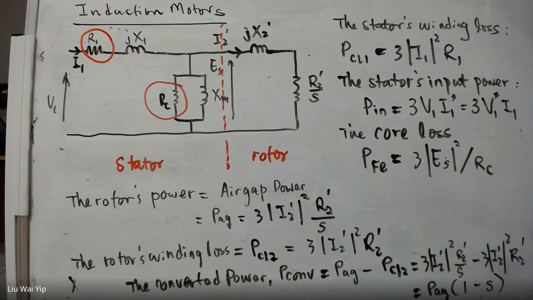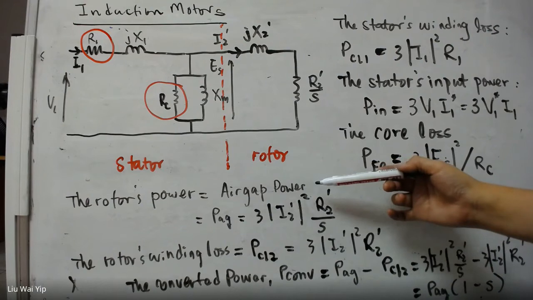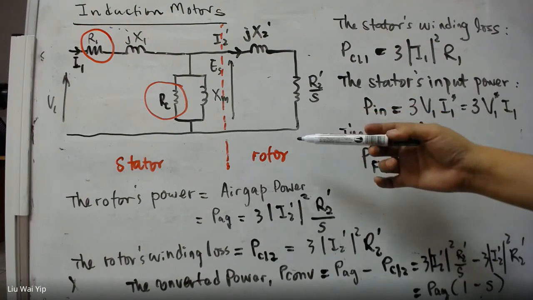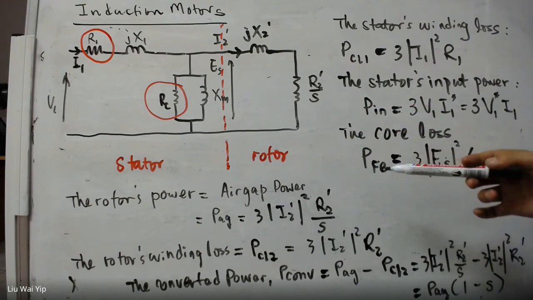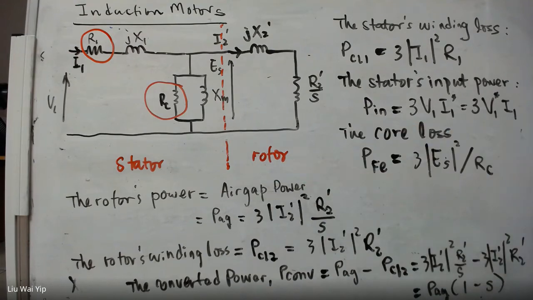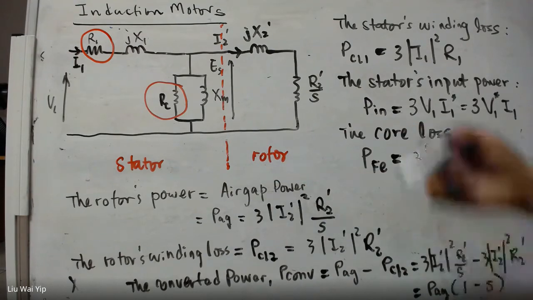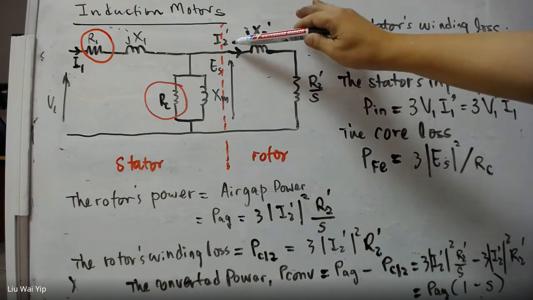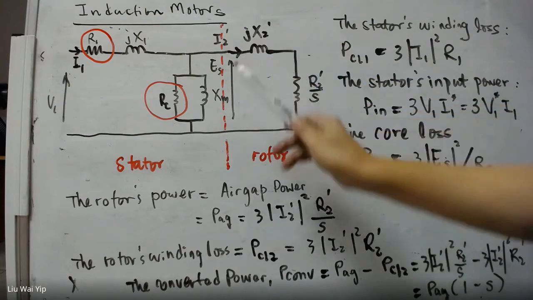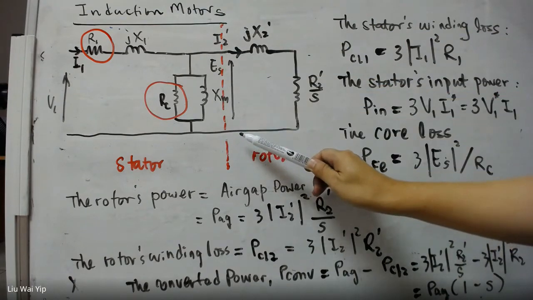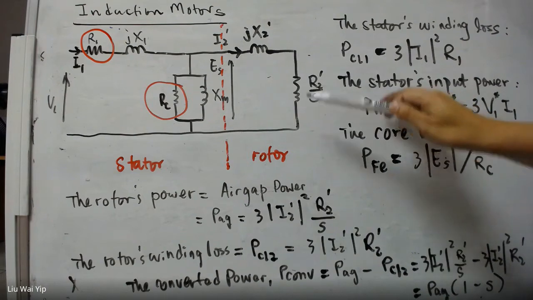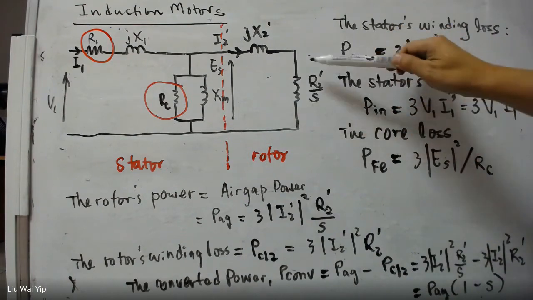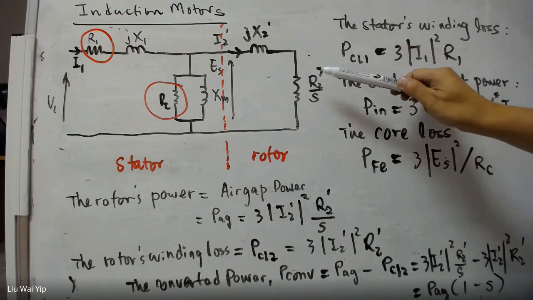But the power for the air gap is the power that belongs to the power consumed on the right side of this red line. In the right side of this red line, we only have the resistance term here, which is responsible for power consumption.